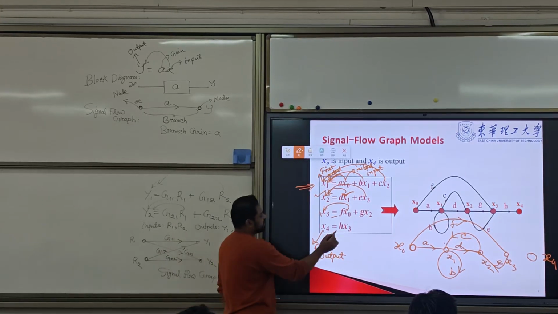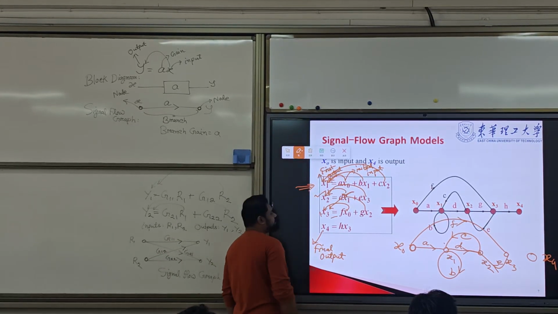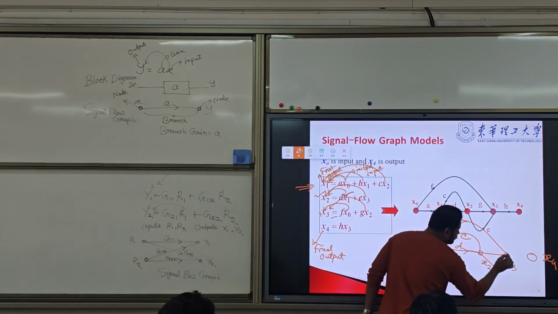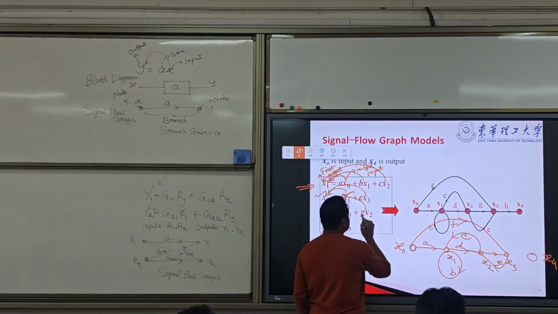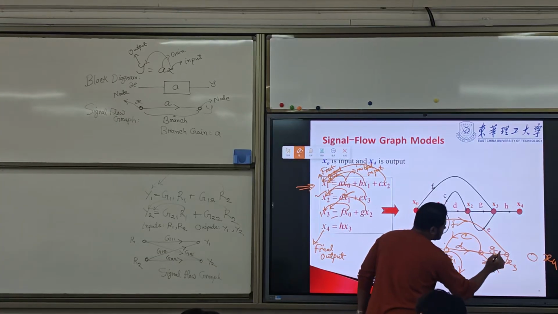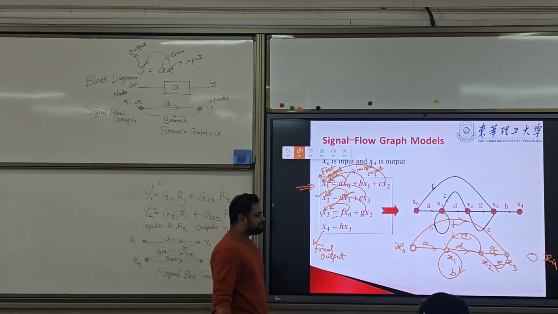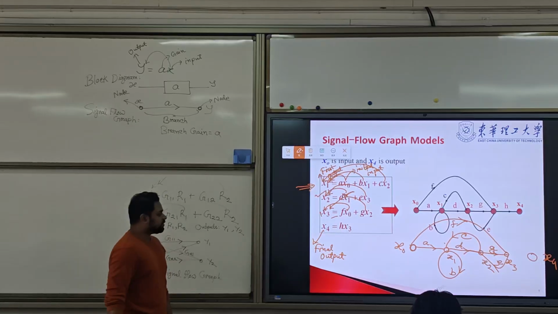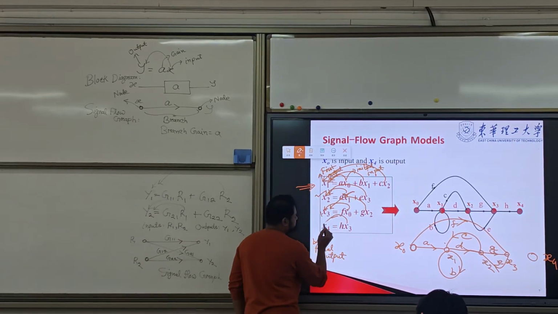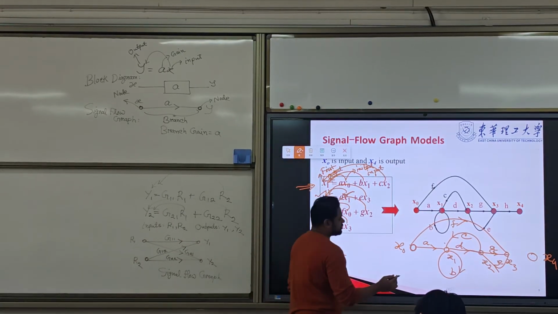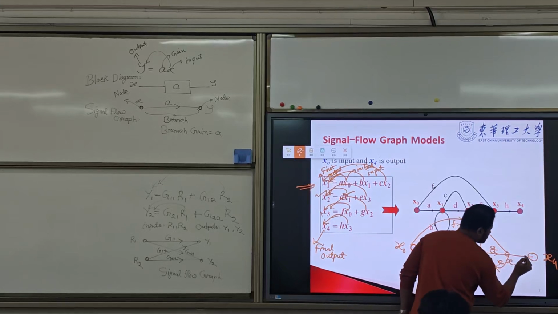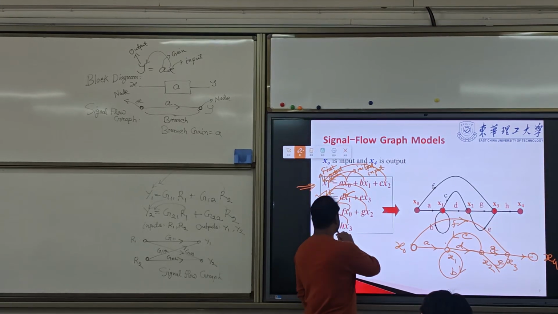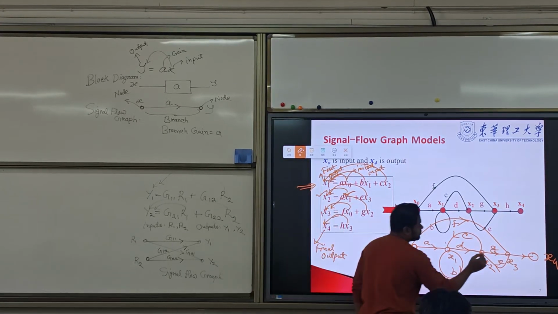And x2 is flowing to x3. It is just a forward direction here with a gain of g. Simple. Now the last one, x3 is flowing to x4 with a forward direction with a gain of h.